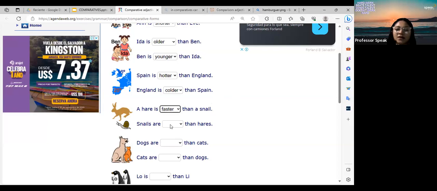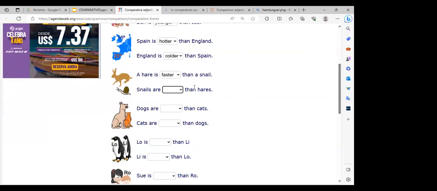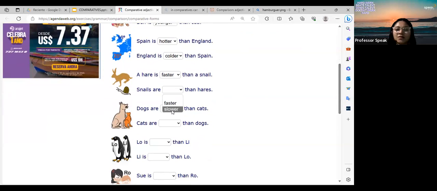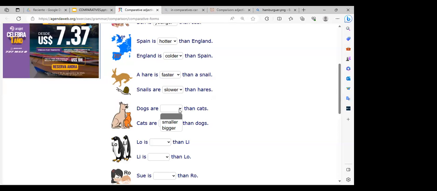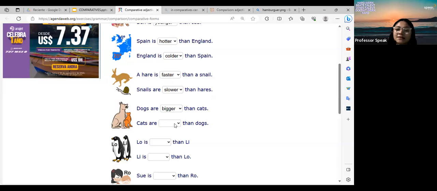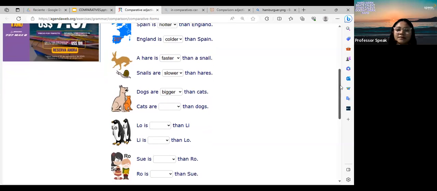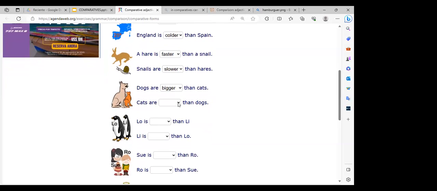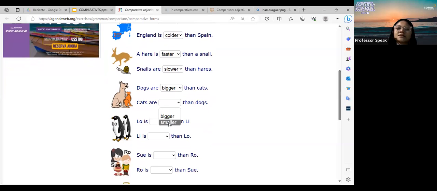And snails are slower. Okay, slower than hares. Very good. Continue, Melvin, with dogs are than cats. Dogs are bigger than cats. And cats are smaller than dogs. Very good, thank you.